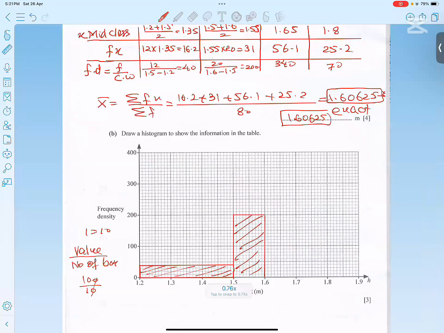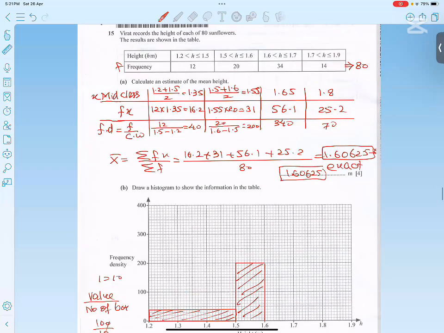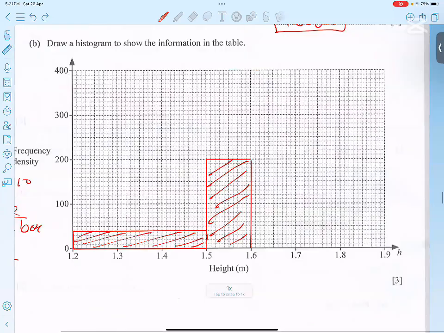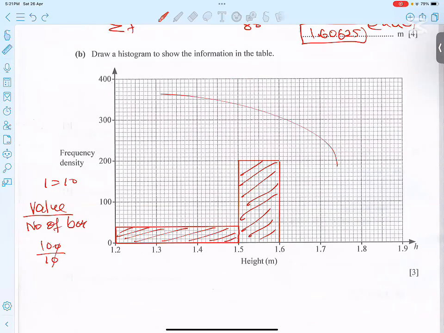Next one, next column. Starting 1.6, ending this, and height is 340. 340 is four boxes. So for 340, and this is the answer finally.